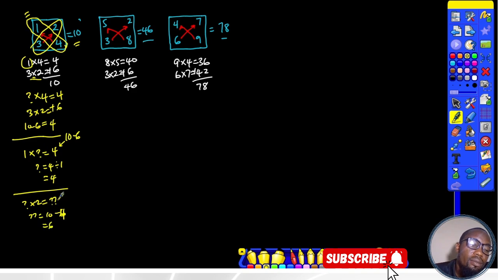So here is 6. Now that I know that that place is 6, then I can figure out what's going to be here. If this times 2 gives me 6, then that missing number is 6 divided by 2, which is 3. I found the 3 that was missing.